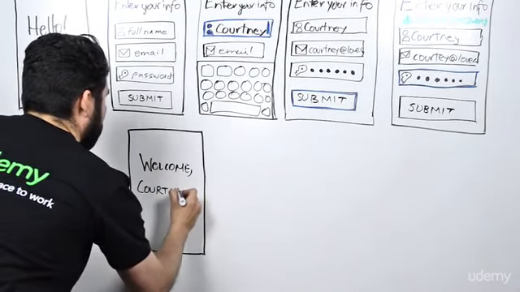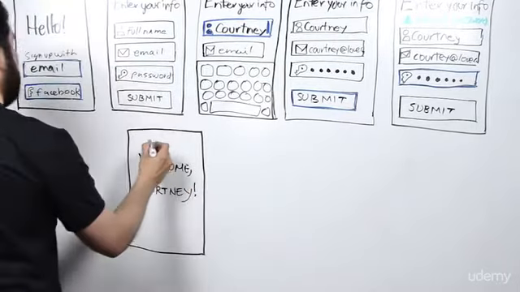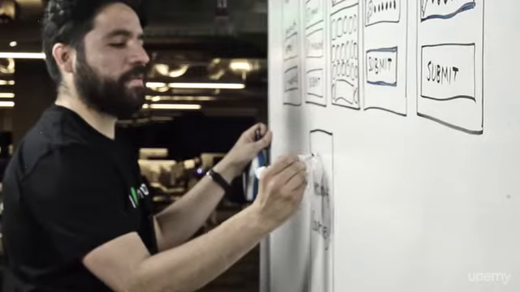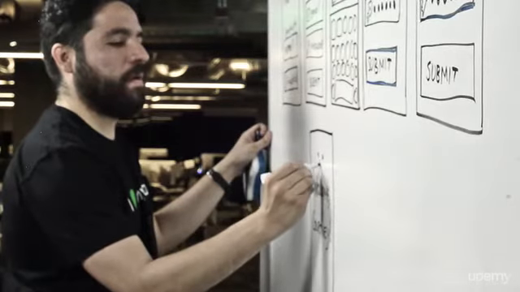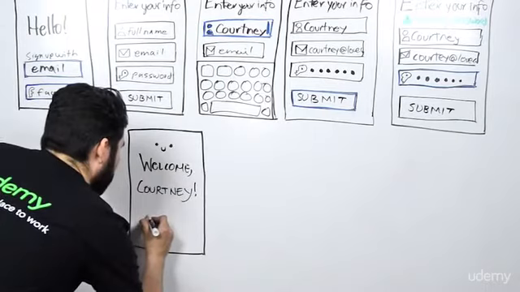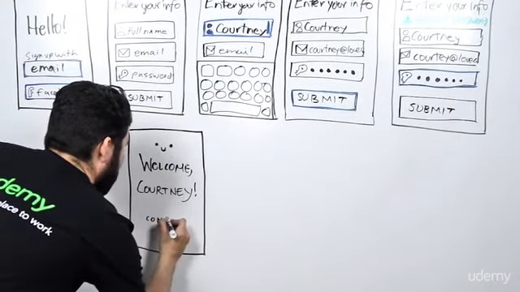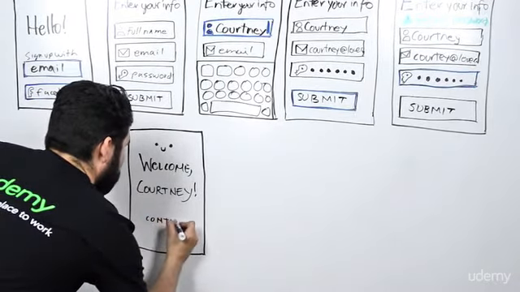I love when they personalize this kind of messages. And then let's add a happy face here. They're happy because you're here. And then let's add a continue button. Real simple.